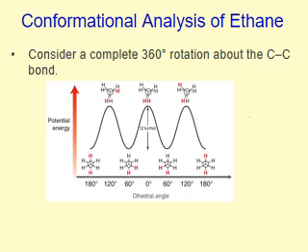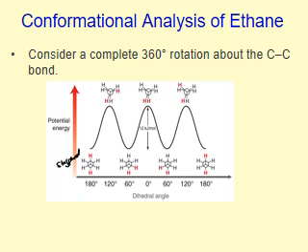And so if we consider the complete 360 rotation about a carbon-carbon bond, let's say we start at this staggered conformation here, and as we mentioned, it's lower in energy.